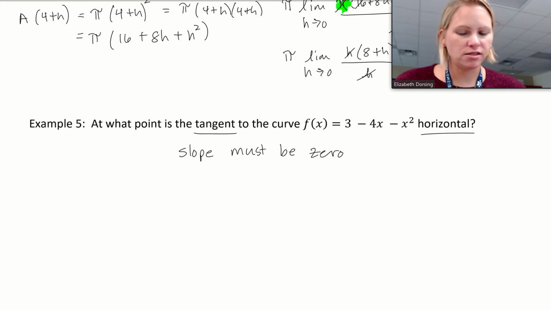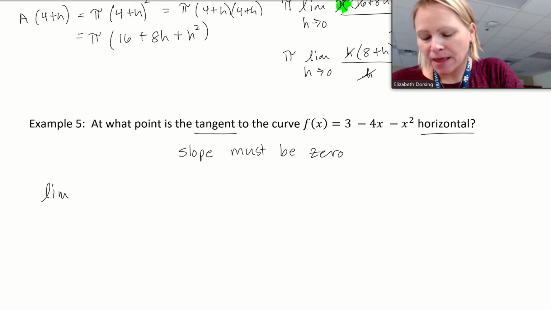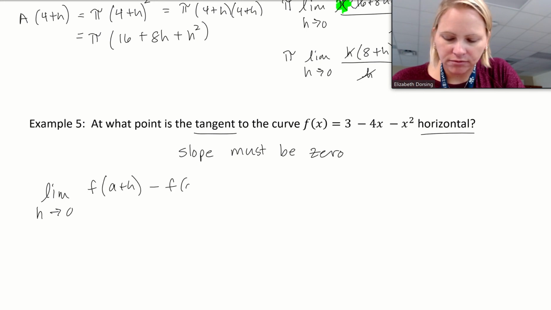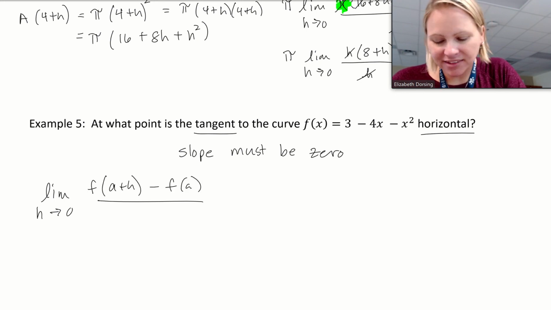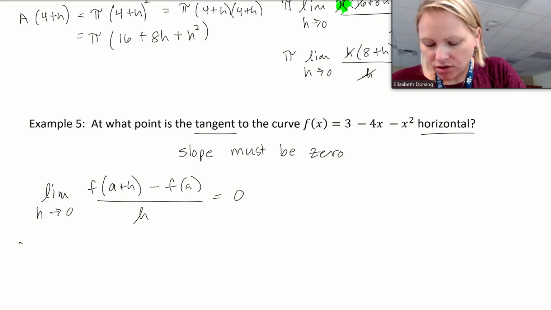If it's horizontal, it's 0. So at what point is this tangent going to be 0? Well, that's essentially saying, at what point is this value equal to 0?